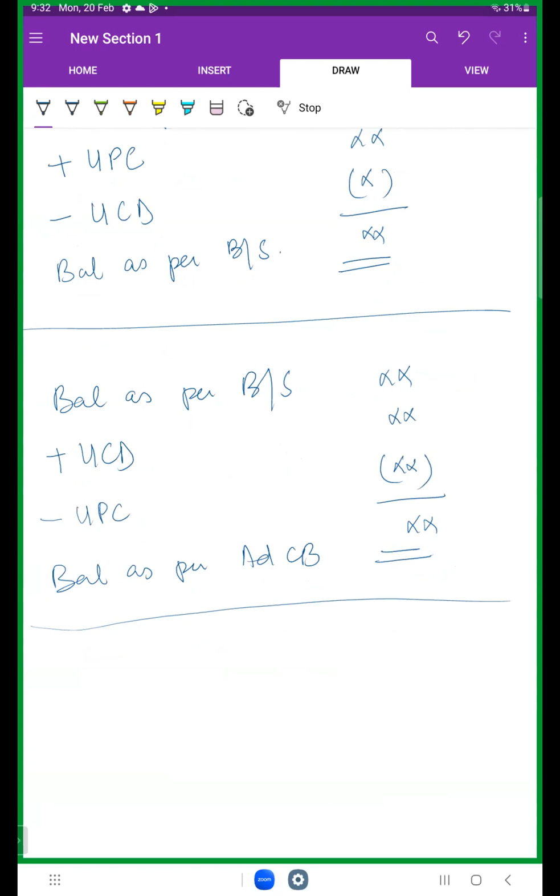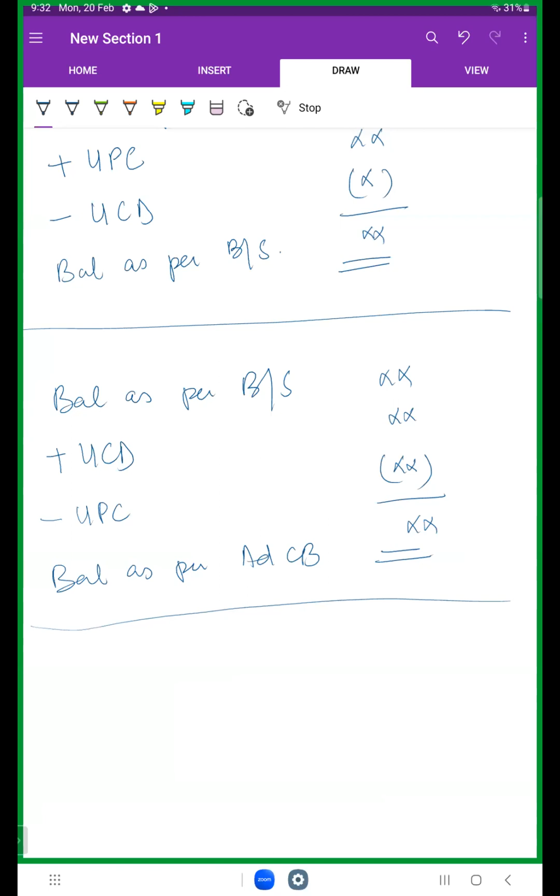Now, if my cash book shows a debit balance and my bank statement shows a credit balance, this is a positive thing for me. Clear? However, if my cash book shows a credit balance and my bank statement shows a debit balance, this is a negative thing for my business and me.